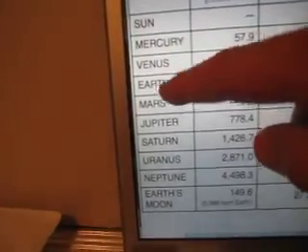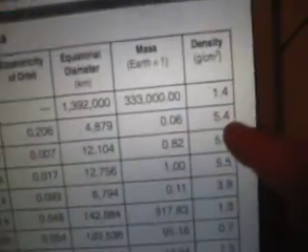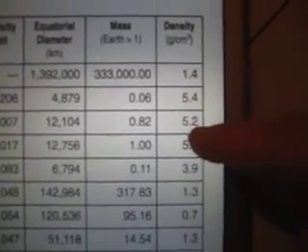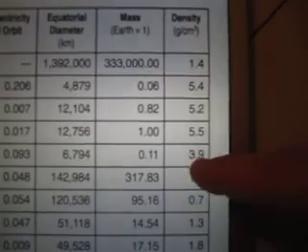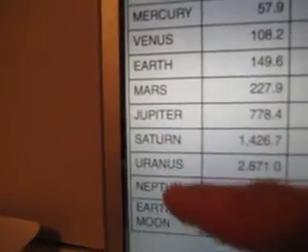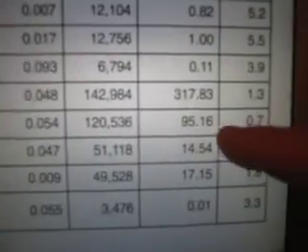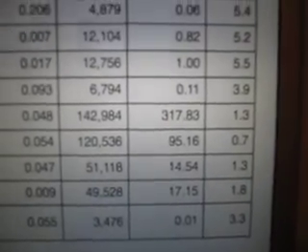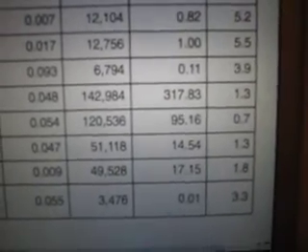So Mercury, Venus, Earth, Mars, their densities are here. Okay, so 5.4 all the way down to 3.9 for Mars. But then when you go to the Jovian planets, these last four here, you can see that the densities are much lower. And that makes sense, since they are gas giants.